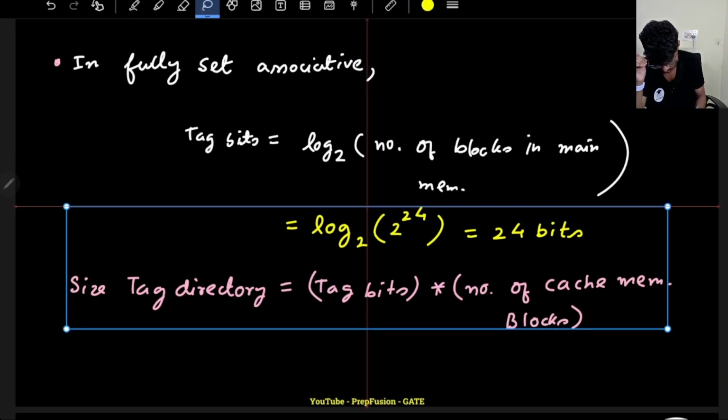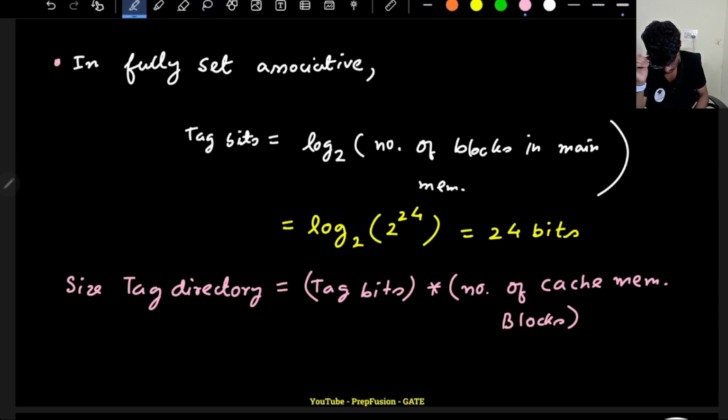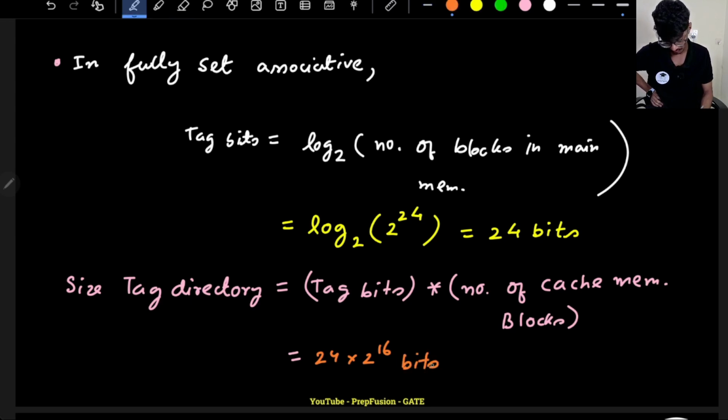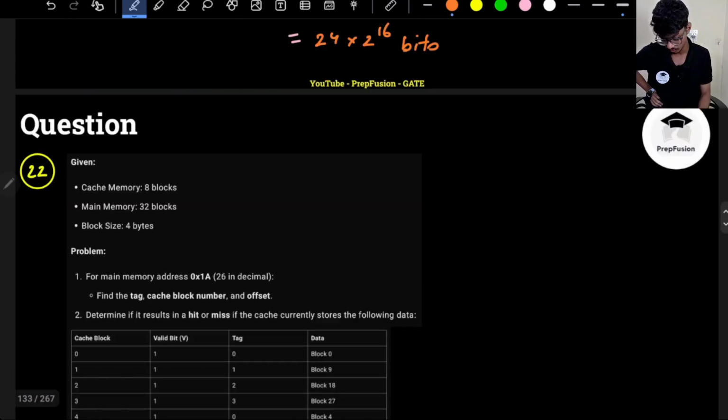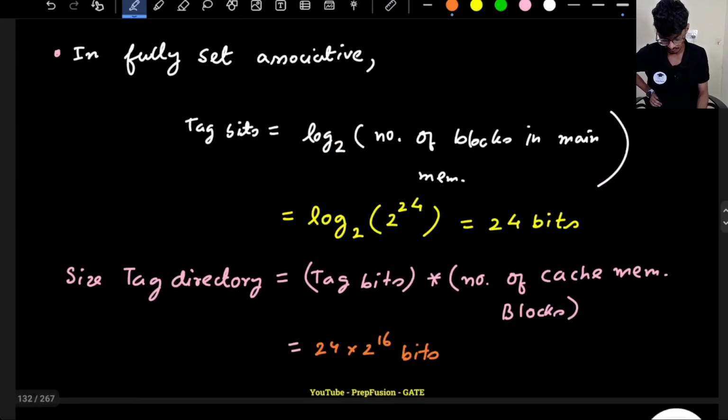So tag bits will be 24 into 2 raised to power 16. So overall this will be 12 into 8 into 3. This is in bits, right? You can convert this into your result. So this will be the answer of this question. This is a very good question because for fully associative mapping you might have some doubt. This is another important key point that you must keep in mind.